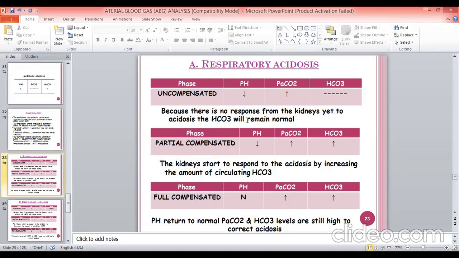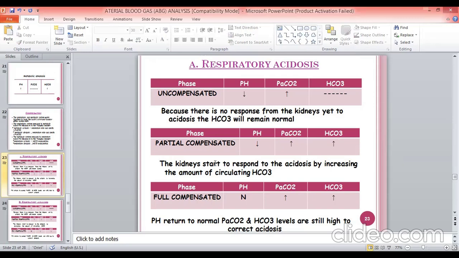In the partial compensation mechanism, pH is in a downtrend and partial pressure of carbon dioxide is in an uptrend. Bicarbonate is going to increase, because acidic means we have to increase the alkalinity. So the bicarbonate level is going to increase during partial compensation.